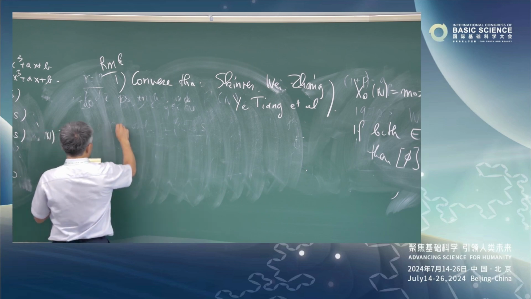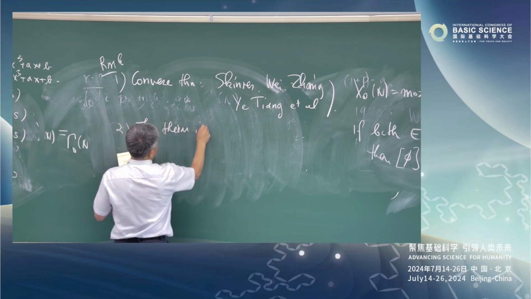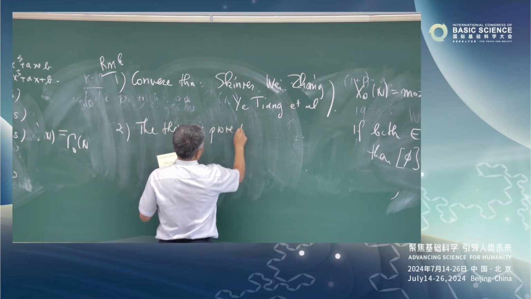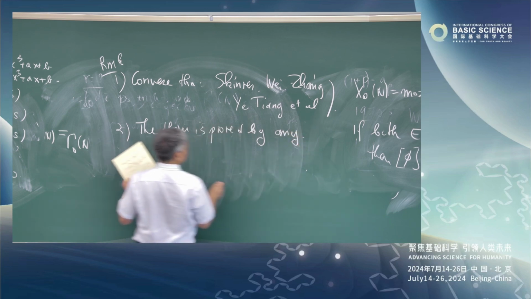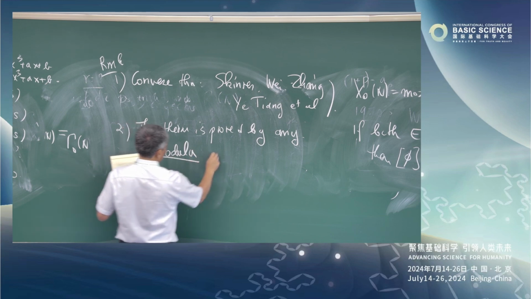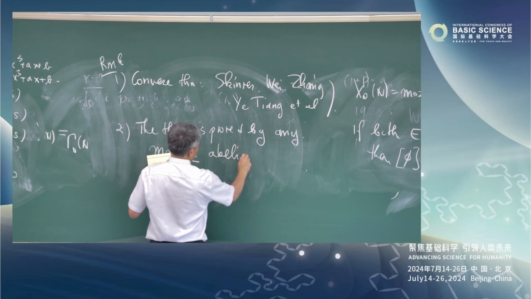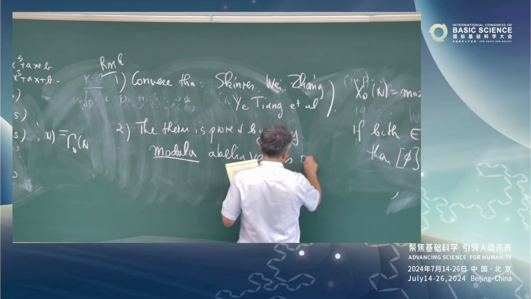The second thing is the proof of the theorem for any modular abelian varieties over a totally real field.